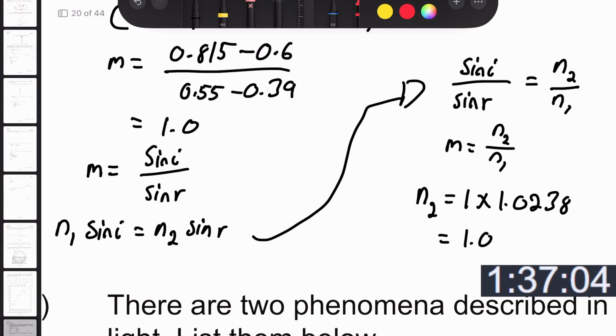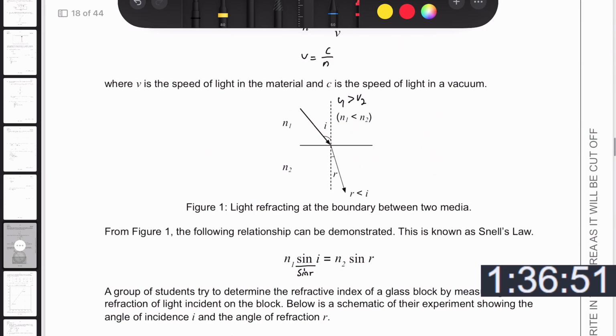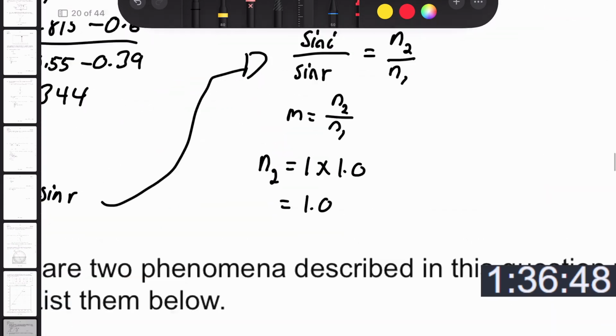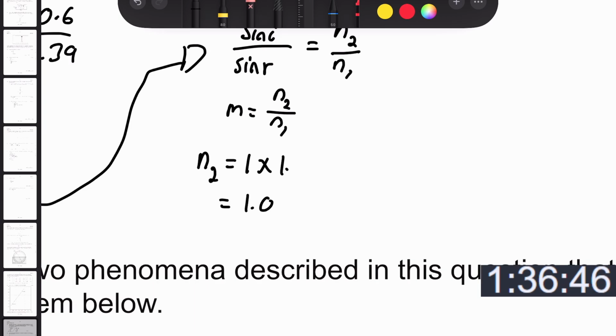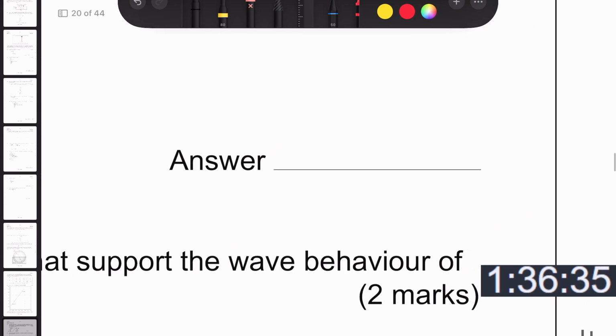So 1.344 over n1, so 1.344. So then n2 is going to equal 1.3. Let me write this in 3. I swear I have OCD, but just for the number 3.